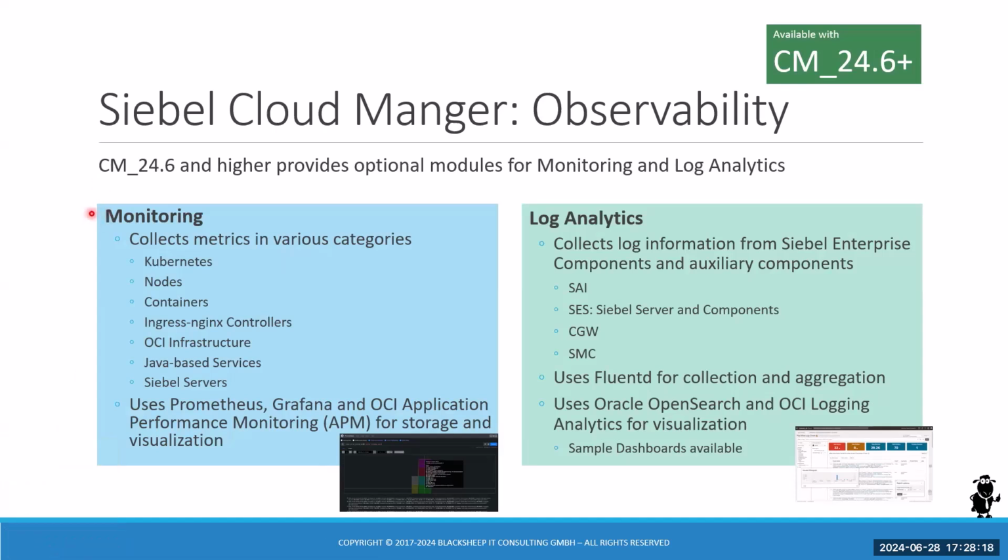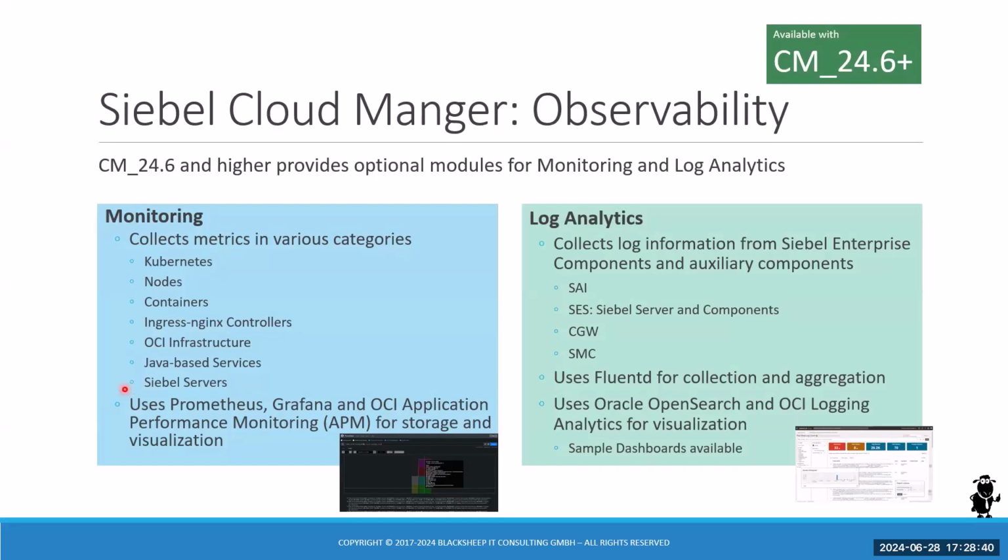and that means metrics are collected in various categories, from the Kubernetes down to the nodes and containers, which is more the infrastructure, but of course also into the Siebel servers. That's what you're probably most interested in when you want to monitor processes and information.